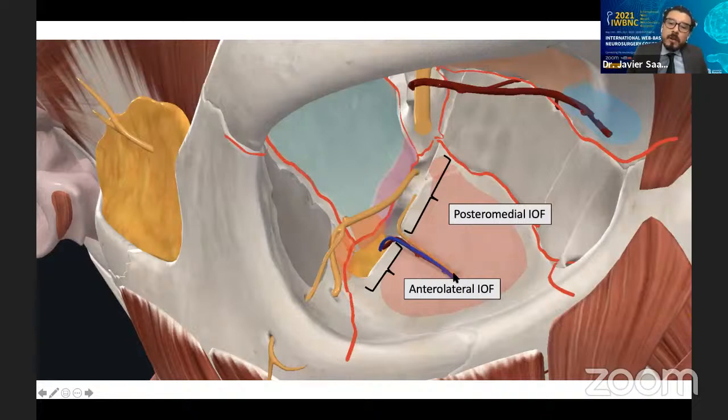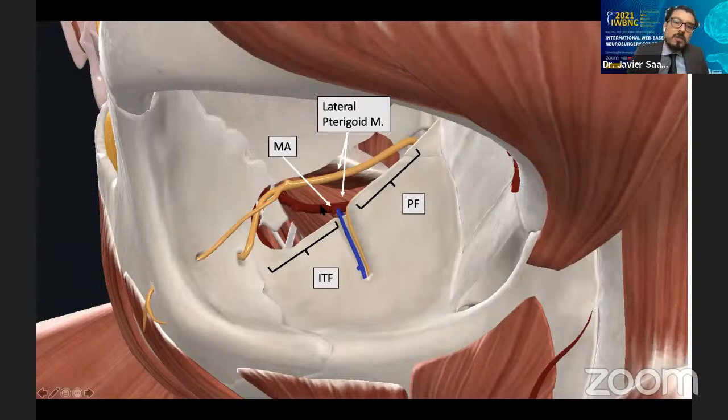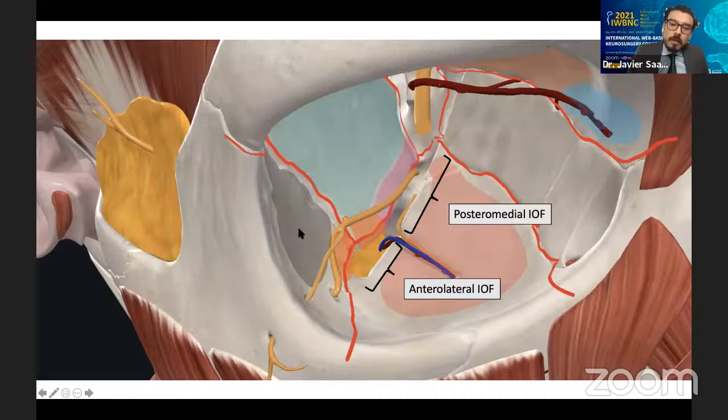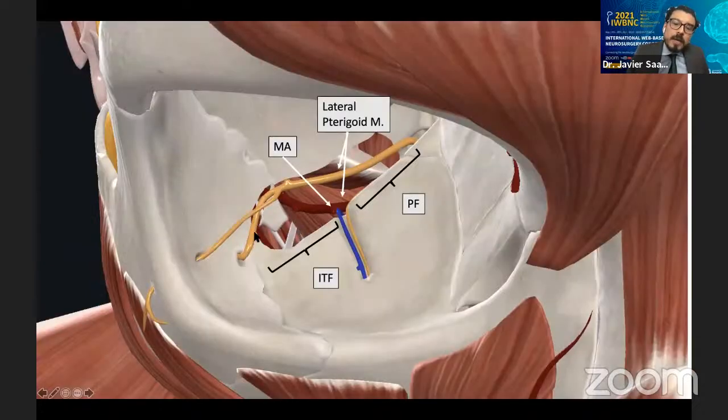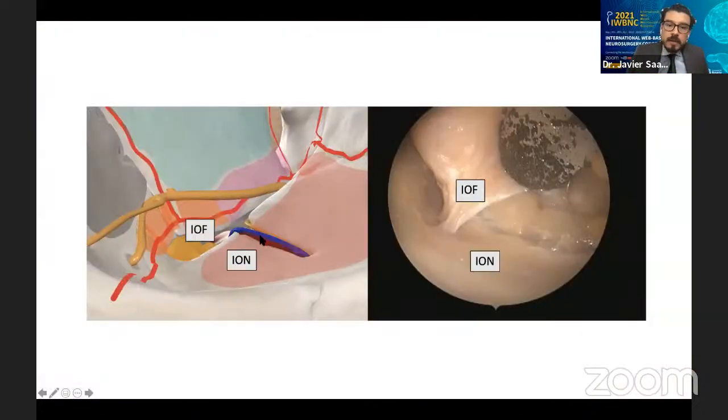The infraorbital nerve, which runs perpendicular to the inferior orbital fissure, is going to separate the fissure into an anterolateral compartment and a posteromedial compartment. And we will see what happens if we drill in every one of these compartments. If we drill in the anterolateral compartment, we will get access to the infratemporal fossa.